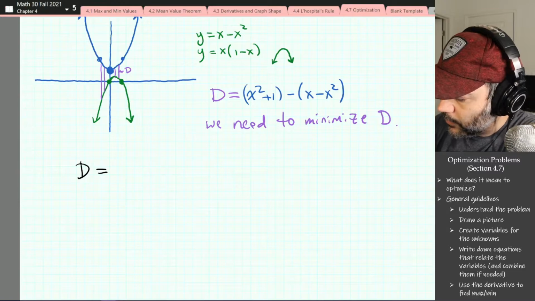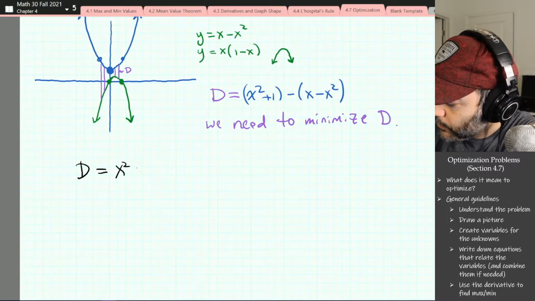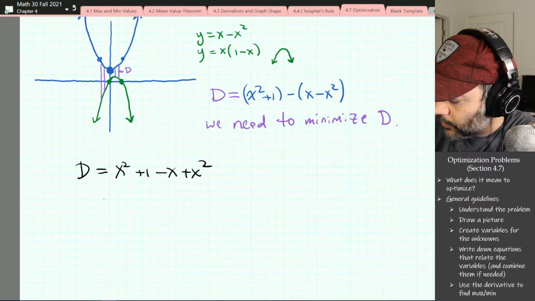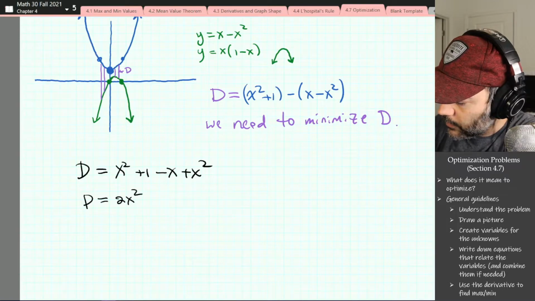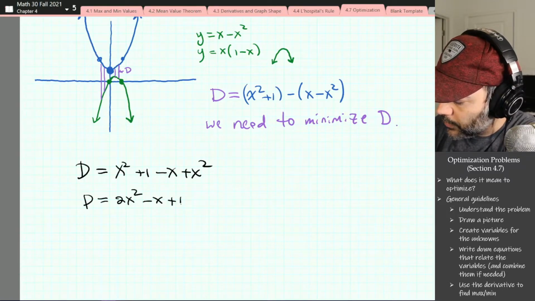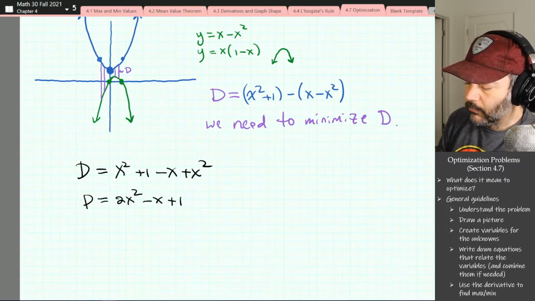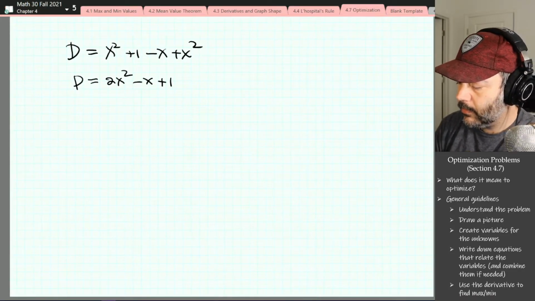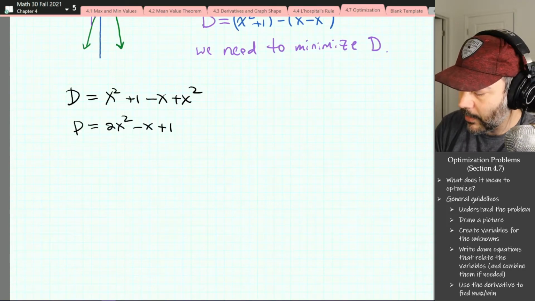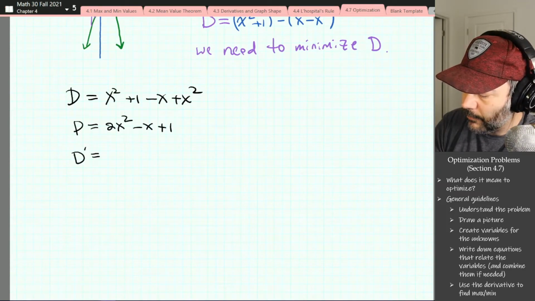All of our thoughts are in different colors. So I have x squared plus 1 minus x plus x squared. I'm just simplifying this D function: 2x squared minus x plus 1. We could check that graphically, but I'll just do it this way.